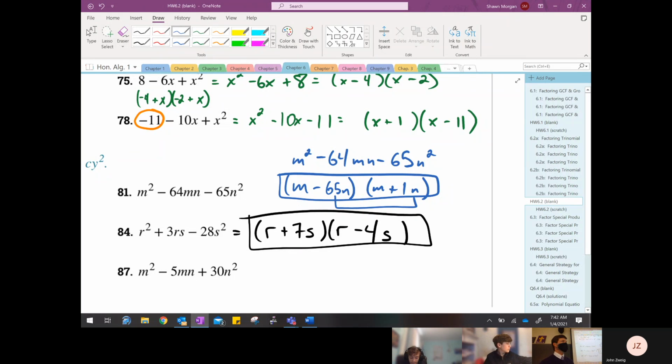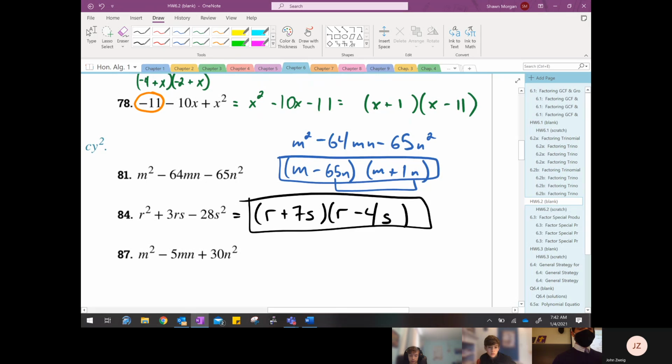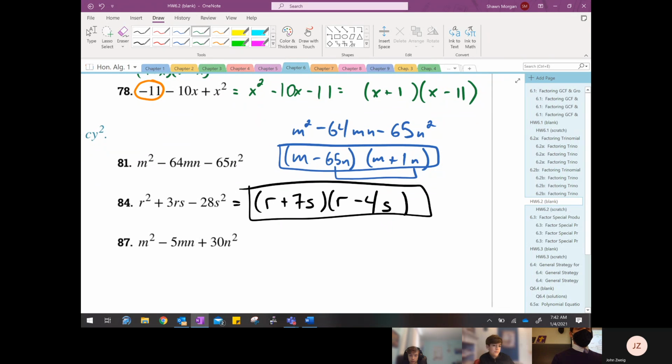So what are two factors of 30, Nate, that add up to negative 5? What do you think? You want to help make me a factor tree real quick? Let's do a factor tree. So you got 1 times 30, 2 times 15, 3 times 10, 4 doesn't go in, 5 times 6.